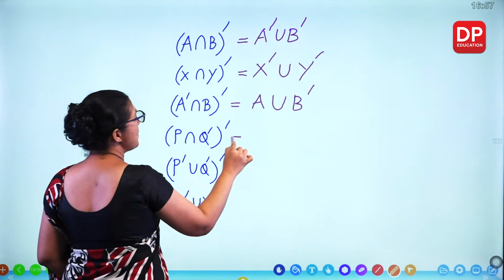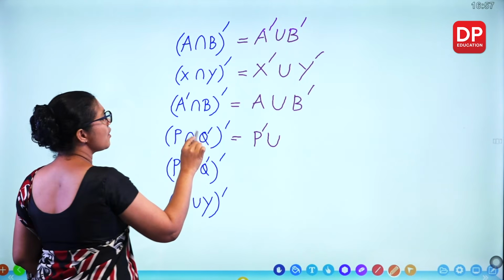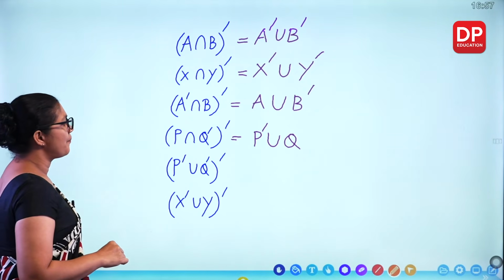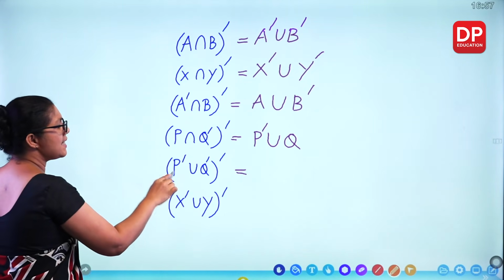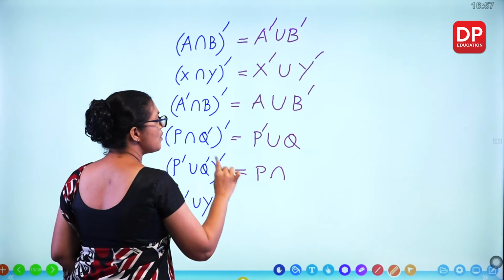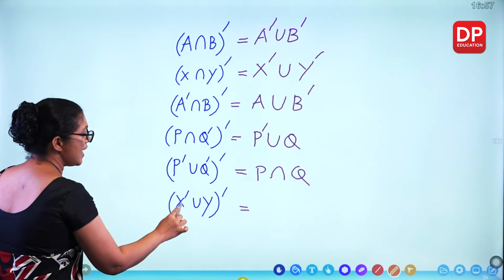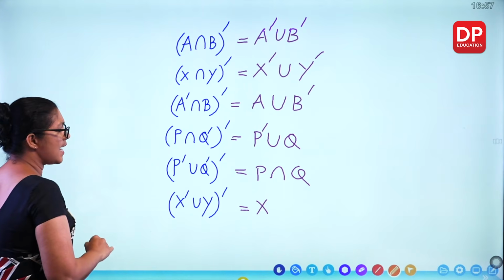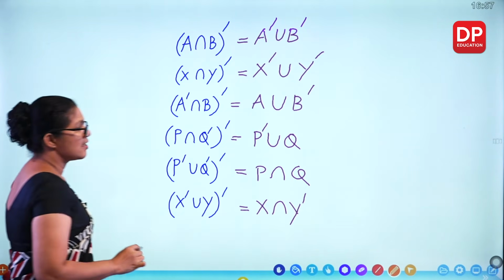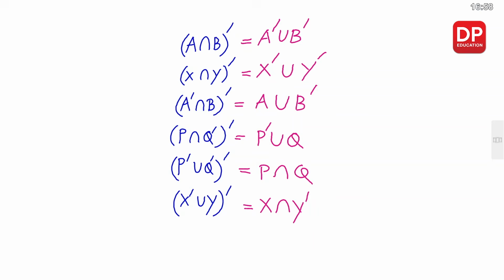This one, P dash intersection becomes union Q dash dash. Dash gets cancelled out and you can write Q. This one P dash dash becomes P. Union sign becomes intersection. Q dash dash becomes Q. This one X dash dash becomes X. Union becomes intersection Y dash. So this is using the duality principle in sets.